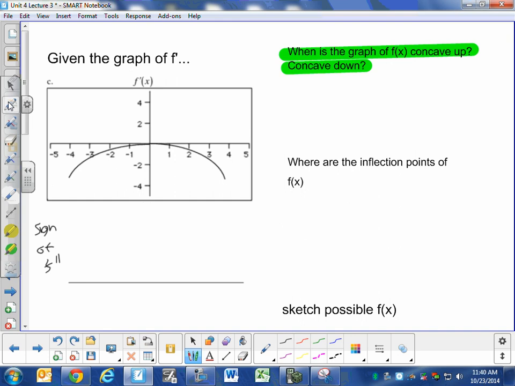On a number line. Okay? Because I know if I'm looking for concave up, f double prime is positive. Well, what do I have to look at on the graph of f prime to know the values of f double prime and to know if those values are positive or negative? Slope. The derivative of f prime gives me f double prime.